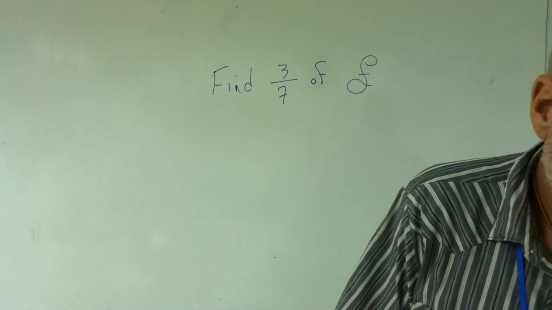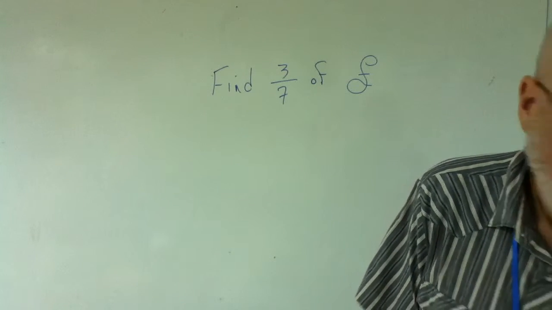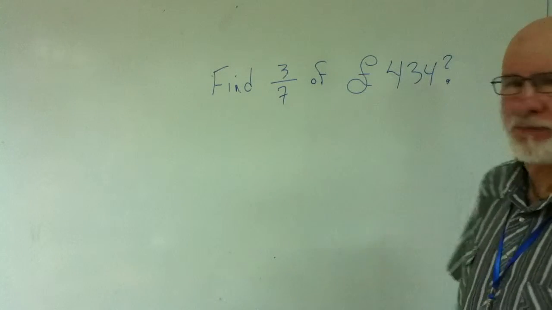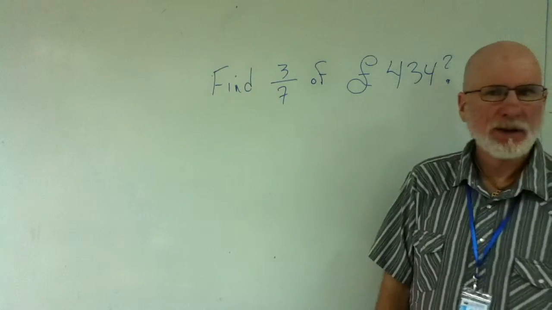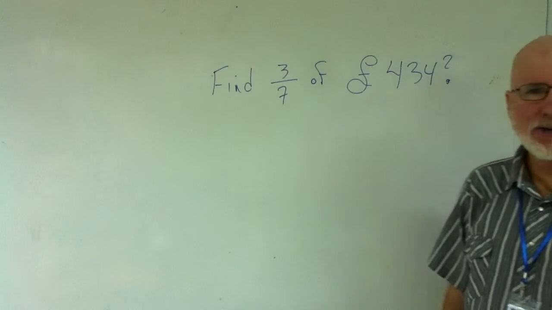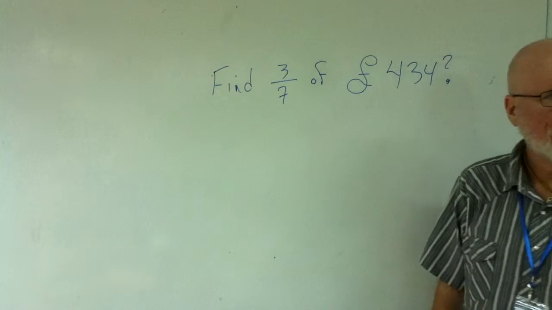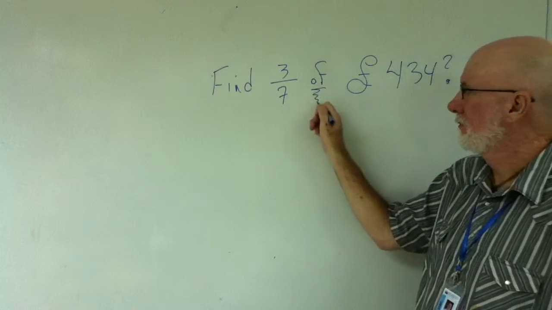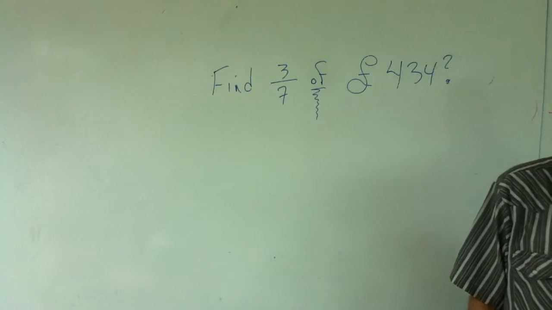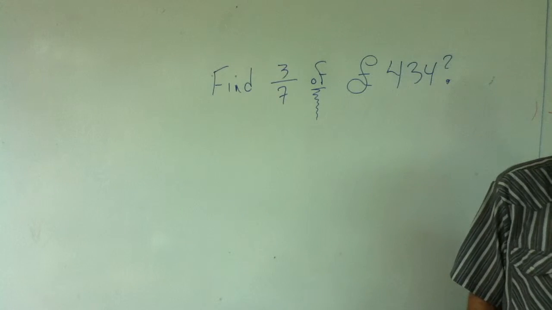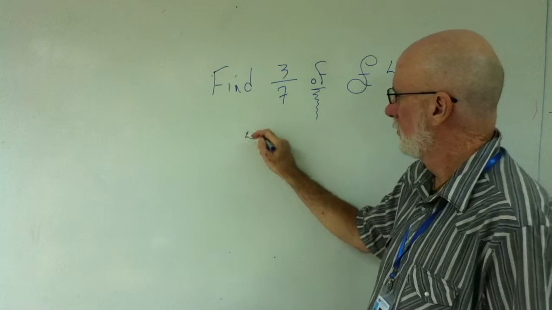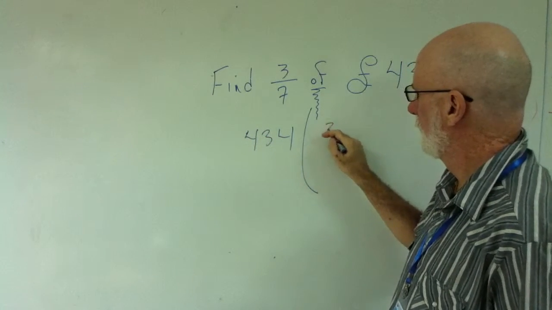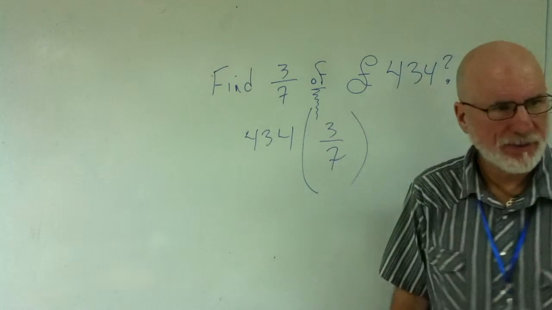Find 3/7 of 434 pounds. Okay, so what would I do? Let's forget the pound thing for a minute. 434 multiplied by 3/7. Yes?